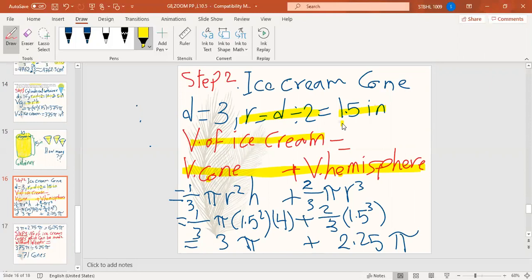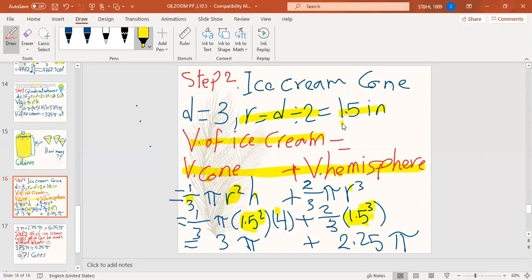So it will be 1/3 pi r squared times h, which is the volume of the cone, plus 2/3 pi r cubed, which is the volume of the hemisphere. We substitute r squared, which is 1.5 squared, and h, which is 4, plus r cubed, the same radius, 1.5 cubed.